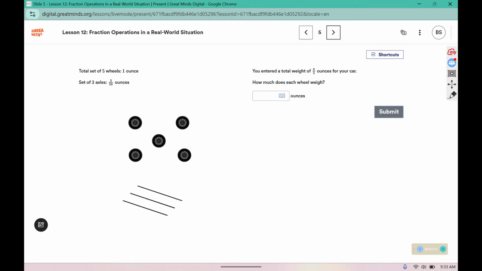How much does each wheel weigh? So I have 1 ounce, but it's for 5 wheels. So if I want to know how much each one weighs, 1 divided by 5, or 1/5, is the weight of each wheel.